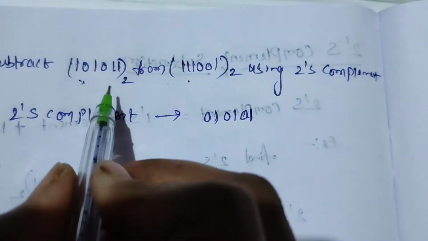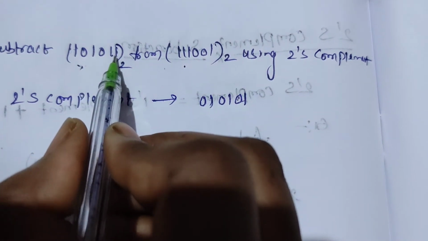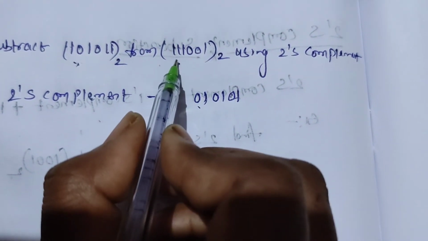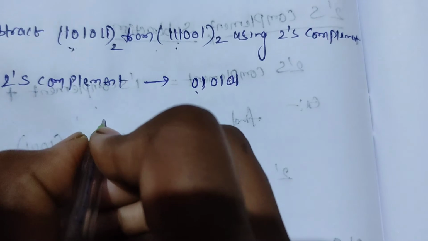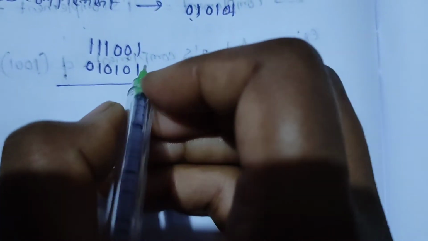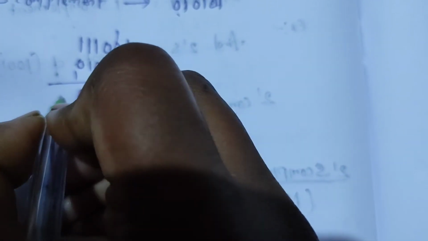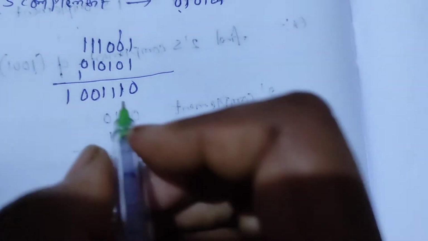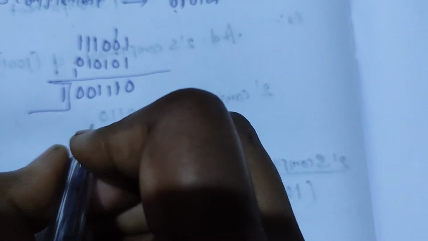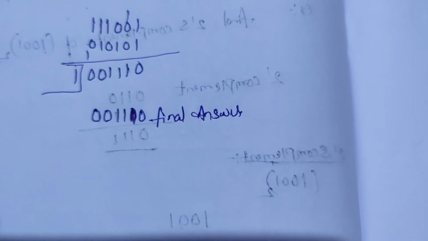So this is the 2's complement of 101011. Now you have to add this to the large number. On adding, sum 0, carry 1, and so on. In step 3, if there is any carry in the result, you can discard it. So the final answer is obtained.